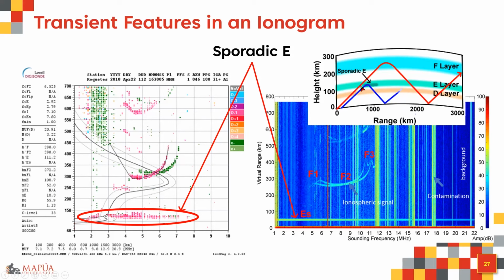So sometimes if there's a strong sporadic E layer, as I mentioned before, for ionograms, the F layer cannot be traced anymore. Okay, and in real life, if the sporadic E layer happens, that means if usually a certain frequency can penetrate the E layer, reaching the F layer, thereby reaching this place where this transmitted radio wave is intended to go, what happens is that if there is a sporadic E, the same frequency will not reach this area.